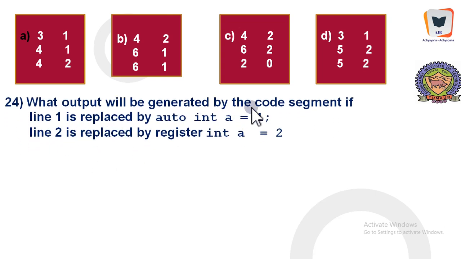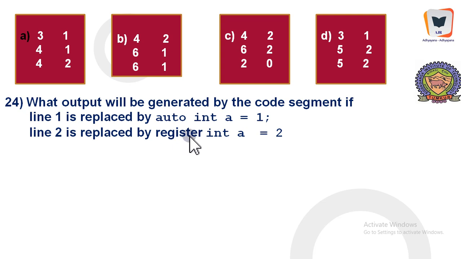What output will be generated by the code segment if line 1 is replaced with auto integer A equal to 1? Even if we do not attach this qualifier, any variable that is declared in a function is automatic. So its life and scope will be only within that particular block of the function.